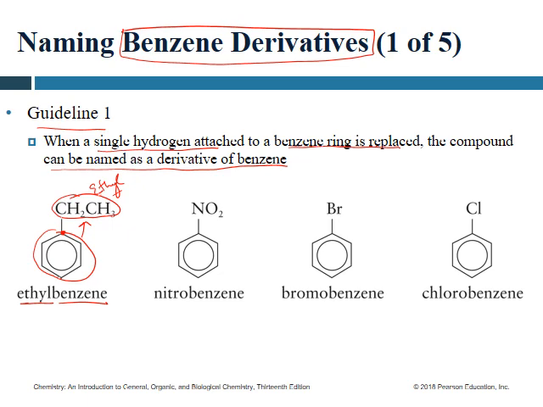Similarly, if I remove the hydrogen and put an NO2 group, this is a nitro group, so we can say nitrobenzene, right? Similarly, if I replace hydrogen with bromine, we can write bromobenzene, chlorobenzene. So benzene is acting as a parent chain.